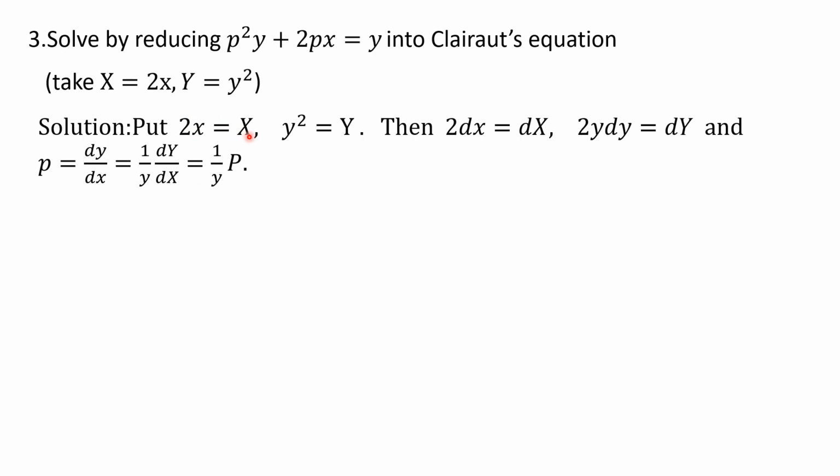So X equal to 2x, Y equal to y square, I have differentiated it: dX equal to 2 dx, dY is equal to 2y dy. So take the ratio, 2y dy by 2 dx. So 2 gets cancelled. dY by dX equal to y dy by dx, or that y you can take to the right hand side, 1 over y dy by dx.